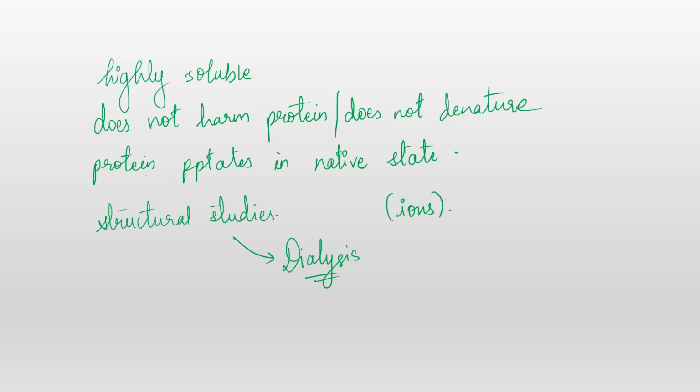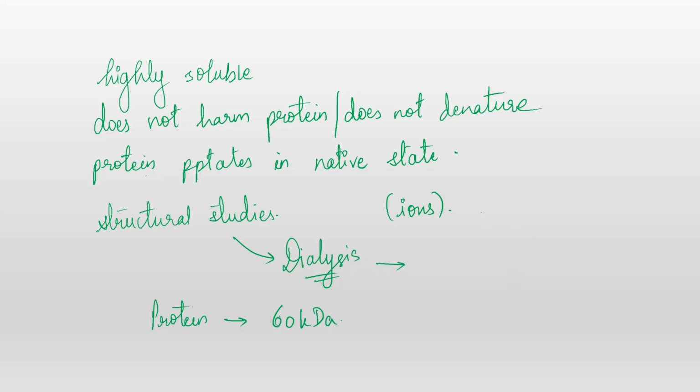When you do dialysis, you choose a semi-permeable membrane. That semi-permeable membrane comes with a cutoff value. I told you that the semi-permeable membrane will have pores. Now, if you are working with a protein which is say 60 kilodaltons, you have to choose a dialysis bag.